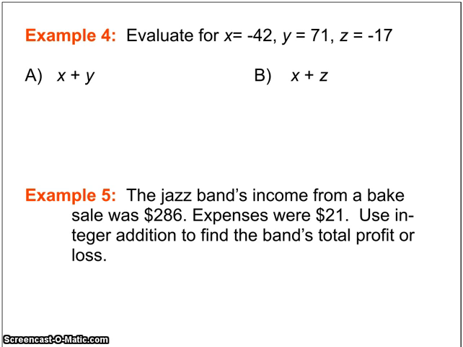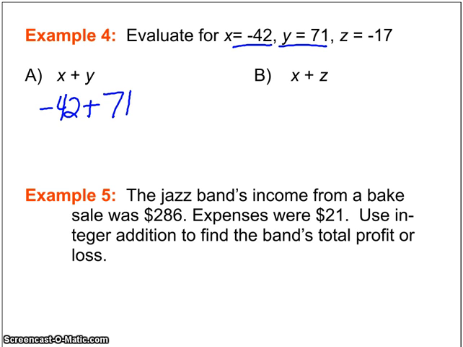And the last page, 2 more examples. This is simply going back to some of the algebraic expressions that we did. For A and B, I want you to take the x value and add it to the y value. If we take a look up here, x is negative 42 and y is 71, and follow the steps. Once again, I have 42 negatives, 71 positives.